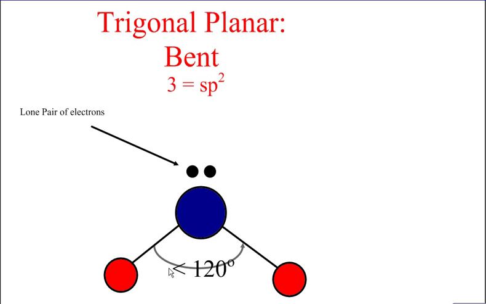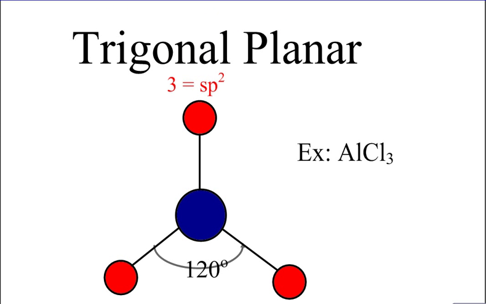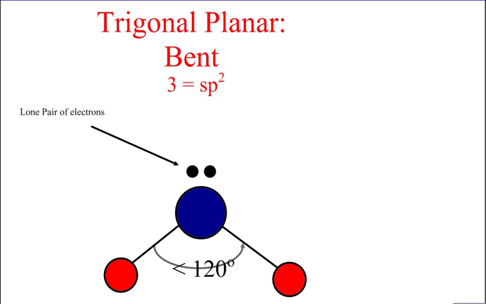So whereas before, when we were trigonal planar, we had a bond angle of 120 degrees, by adding a lone pair, they take up more space. They repulse the bound pairs and decrease the bond angle.